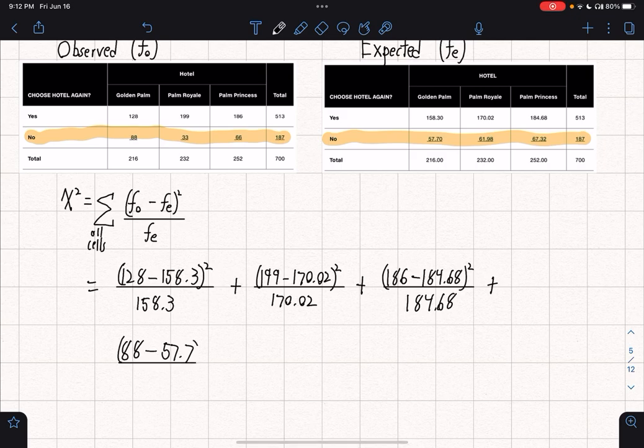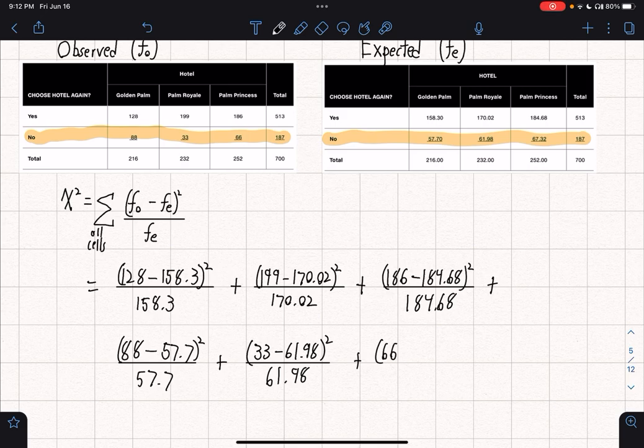We square that and divide by expected, which is 57.7, plus Palm Royale, 33 minus 61.98, square that, and divide by 61.98, plus, finally, Palm Princess, no, 66 minus 67.32, squared over 67.32.